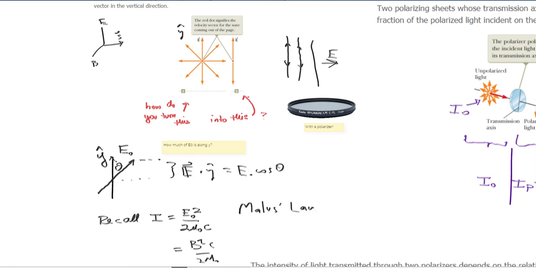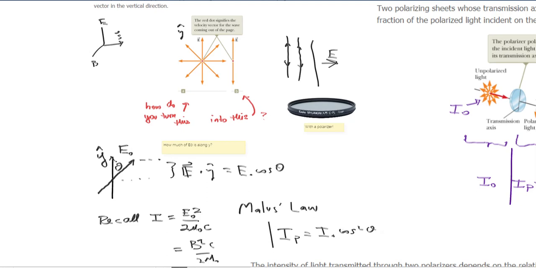And so it tells us that the intensity of light that goes through a polarizer is equal to the intensity of light that goes in, the unpolarized light, times the squared cosine of this angle.